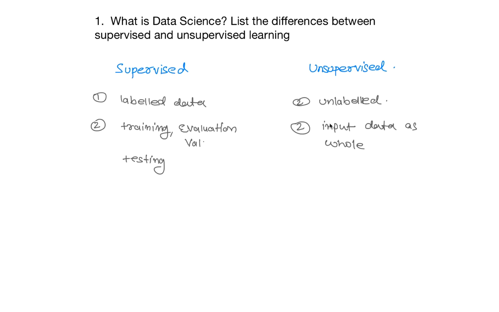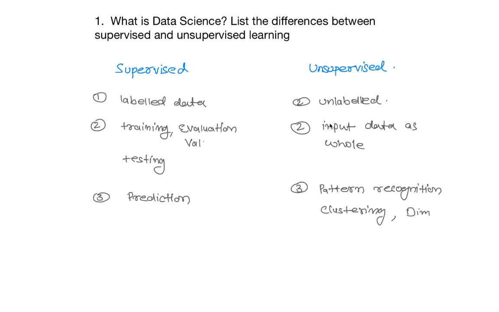In supervised machine learning, this is used for prediction, and unsupervised machine learning is used for pattern recognition, clustering, and dimension reduction.